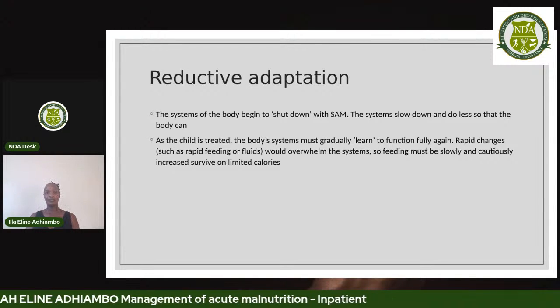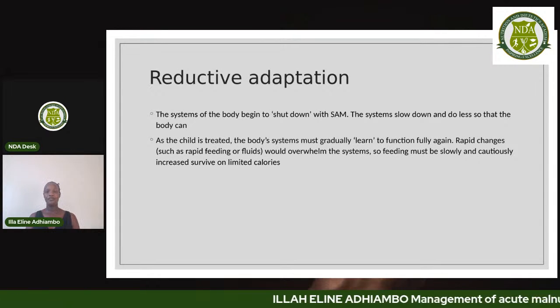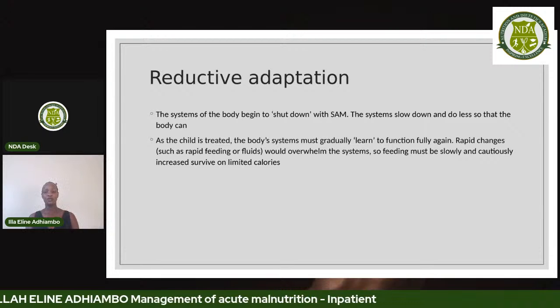What is reductive adaptation? We find that when a child is severely malnourished, the child maybe has not been getting enough food. The body has not been receiving enough nutrients. So the body adapts to the situation of not having enough nutrients.